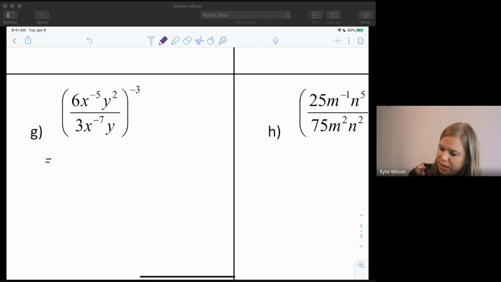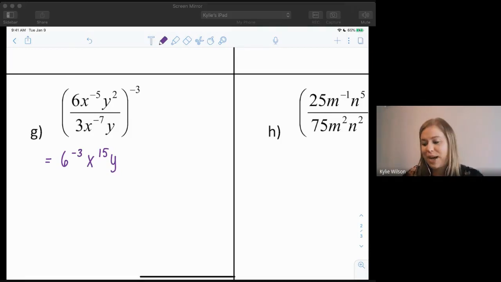So we will have 6 to the power of negative 3, x. So I'm doing power of a power, so I multiply my exponents. So negative 5 times negative 3 is going to give me positive 15. Y to the power of 2 multiplied by my y to the power of 2, I take my exponents.